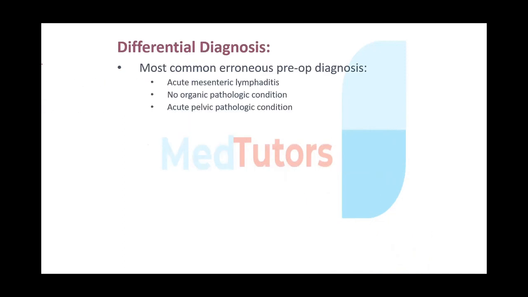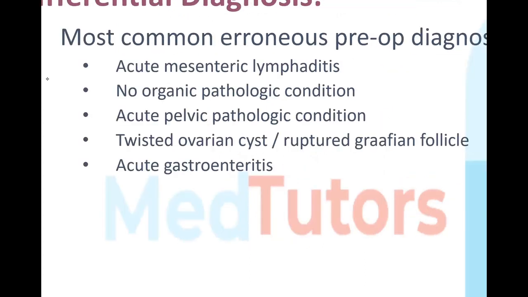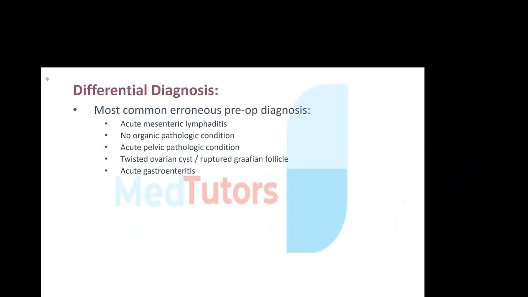So, differential diagnosis. Most common erroneous pre-op diagnoses include acute mesenteric lymphadenitis, non-organic pathologic condition, acute pelvic pathologic conditions, twisted ovarian cyst, ruptured graafian follicle, acute gastroenteritis.